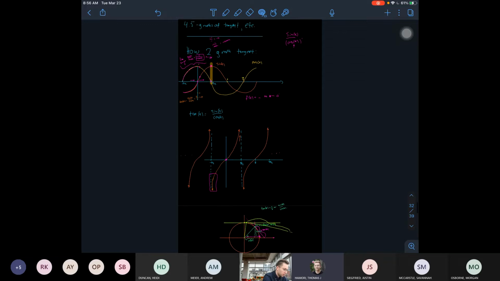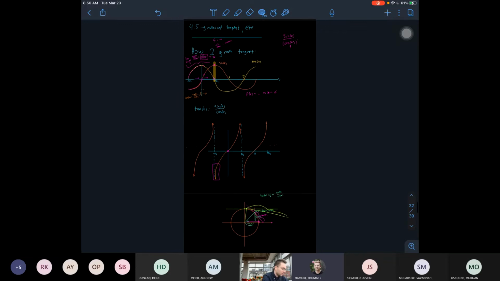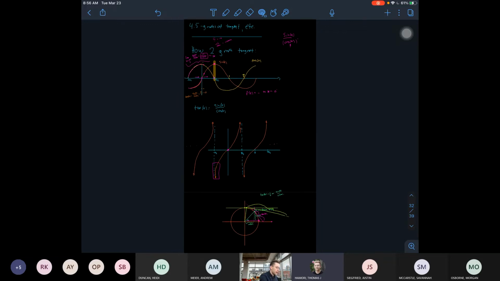Okay, I think I've been monologuing for a while now. Let me check in with you guys. How do we feel about the graph of this tangent function? Do we feel comfortable with this, totally confused by this, or somewhere in the middle?